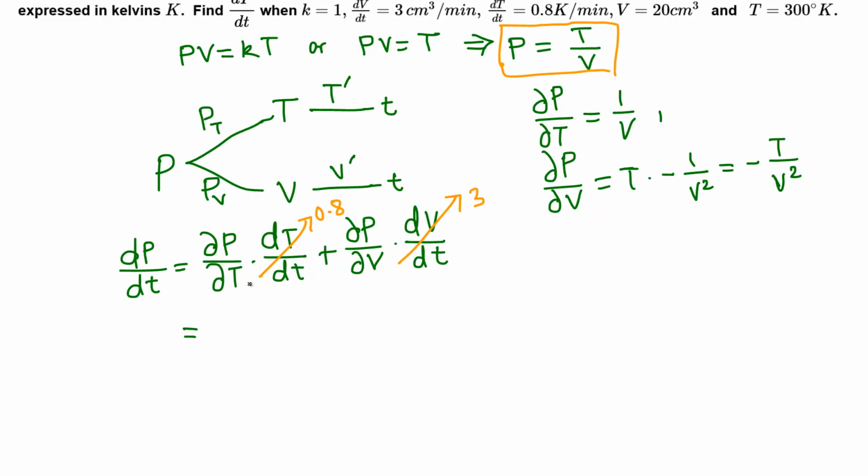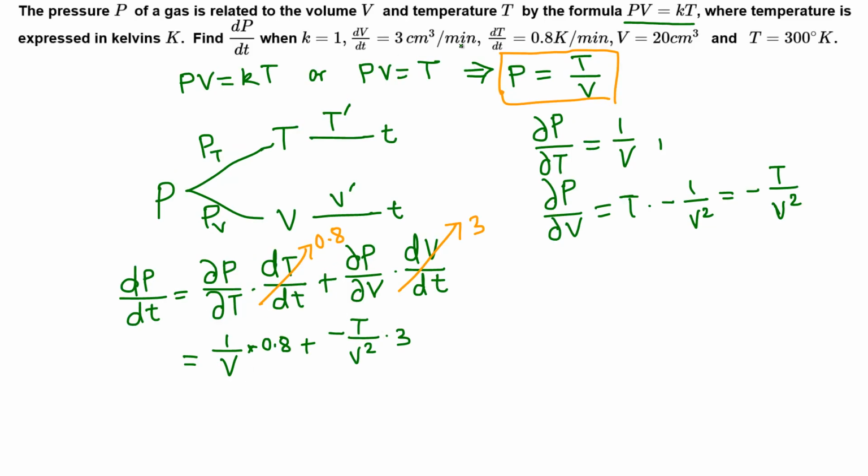So if we come here now we can work on this. dP over dt, the partial of P with respect to T is 1 over V times 0.8, plus negative T over V squared times 3.